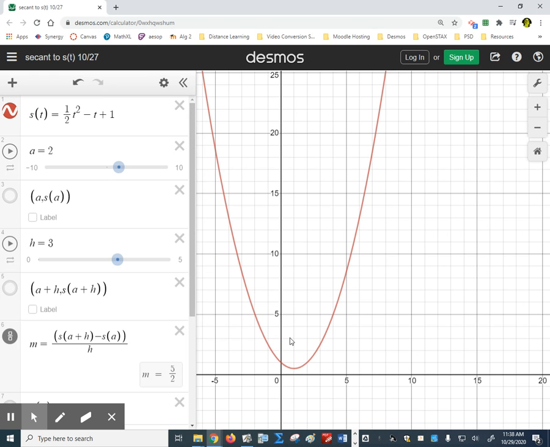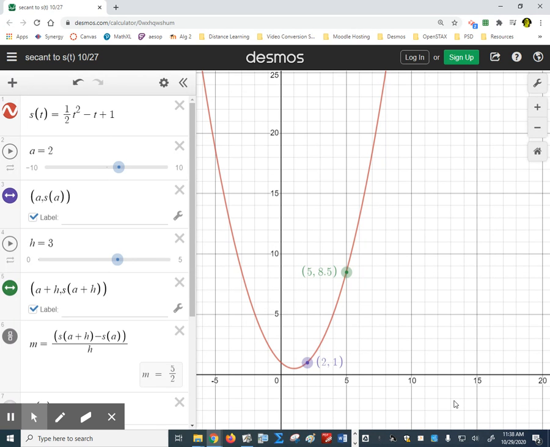And we're really only interested between 2 seconds and 5 seconds, right? So we're interested in that point. After 2 seconds, the object has a position of 1. And we're interested in this point. After 5 seconds, it has a position of 8.5.